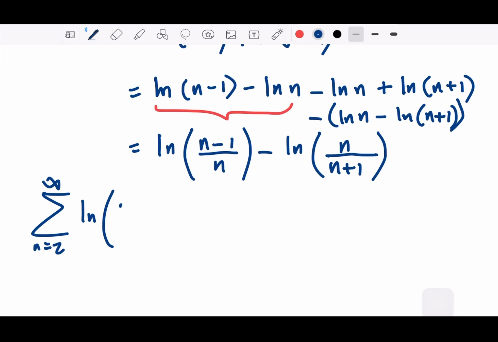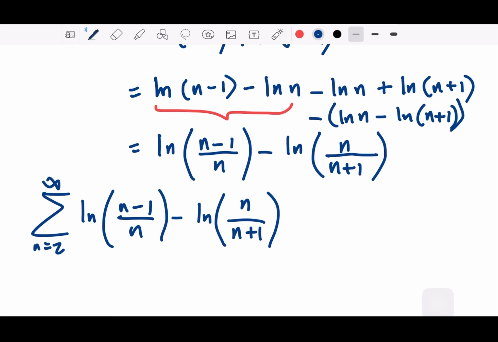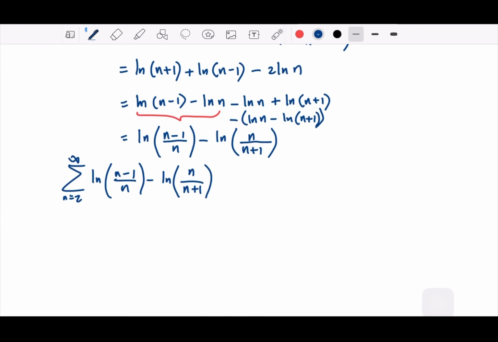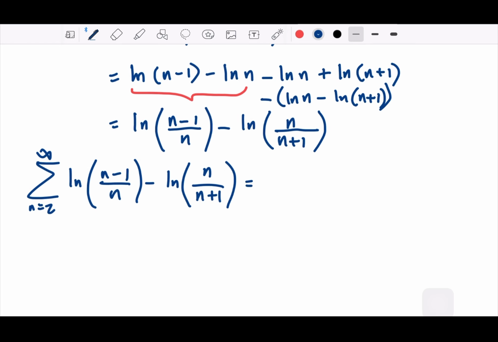So we can write this, and let me write the sum of n. Okay. So let's check n equal 2.